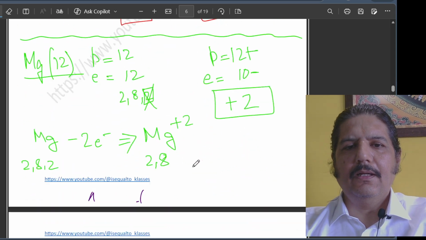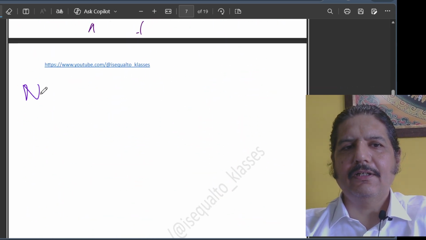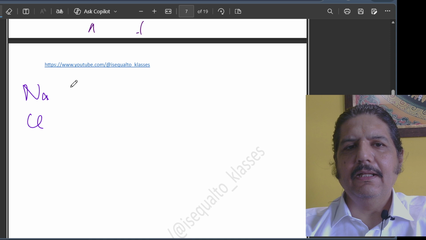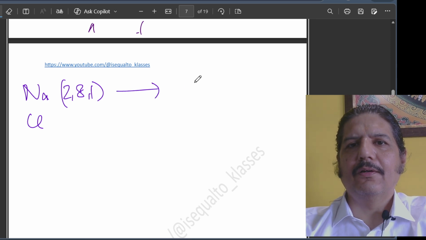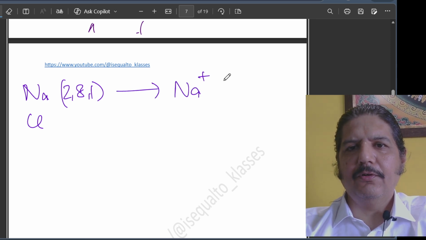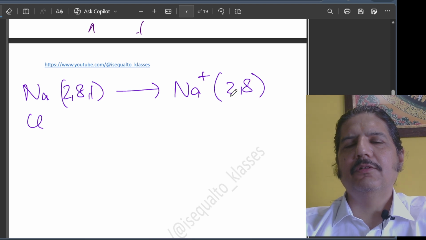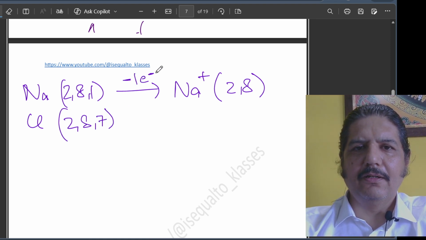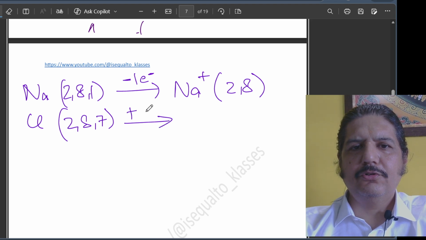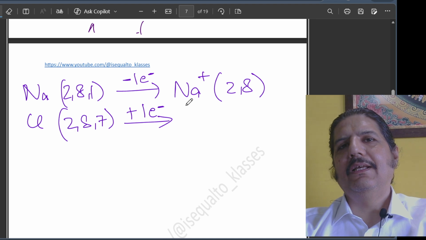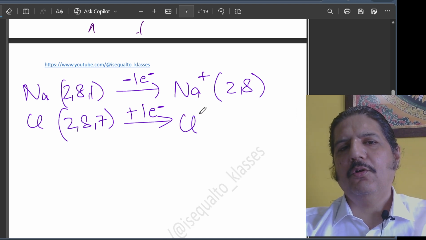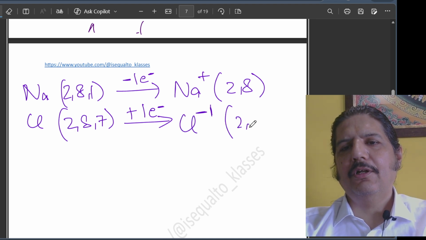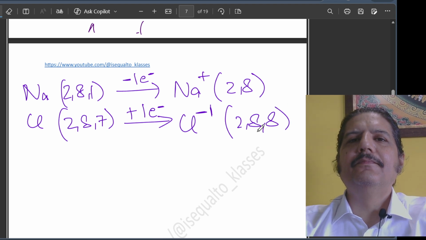So let's rewind and understand what is happening. Na 2, 8, 1 wants to lose one electron and become Na positive. Its new electronic configuration would be 2, 8. Chlorine 2, 8, 7 wants to gain one electron, and it will become chlorine -1, with electronic configuration 2, 8, 8.